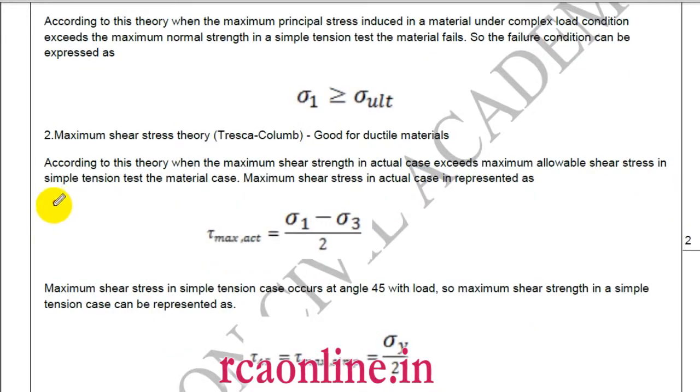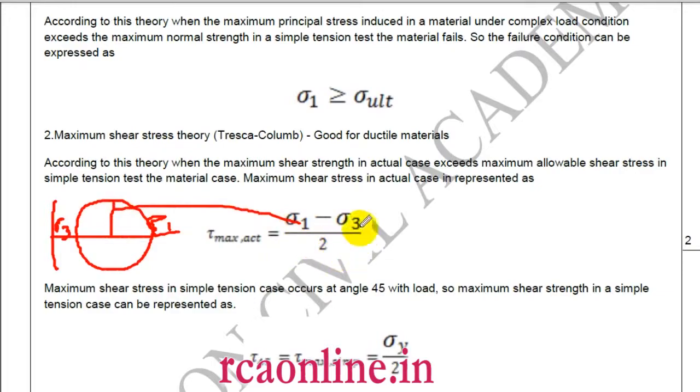The Mohr circle for this complex loading will be like this. This value will be sigma 3 and this value will be sigma 1. So what will be my maximum shear stress? The maximum shear stress will be this, and this value will be sigma 1 minus sigma 3 by 2.